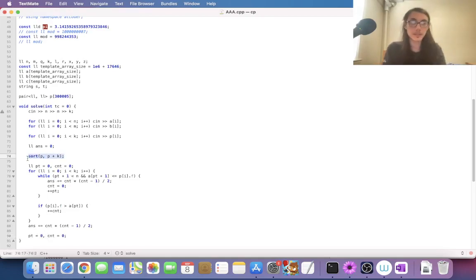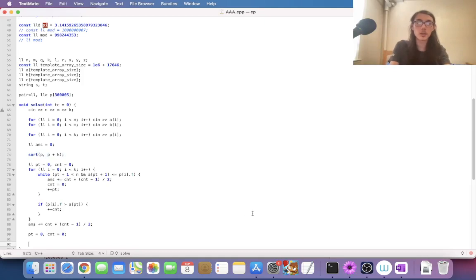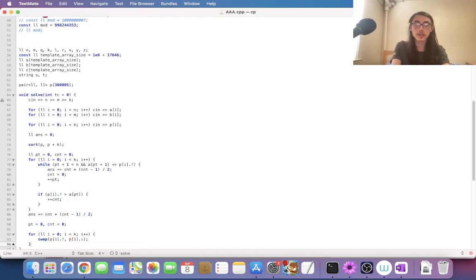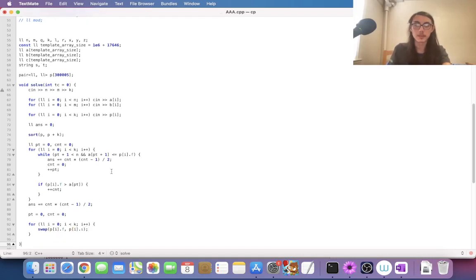Okay, now what I'm going to do is swap the coordinates so that the y positions take the place of the x positions. Swap pi dot first. So now the coordinates are yx instead of xy. So I'll make that clear here. So here they're xy, but now they are yx.